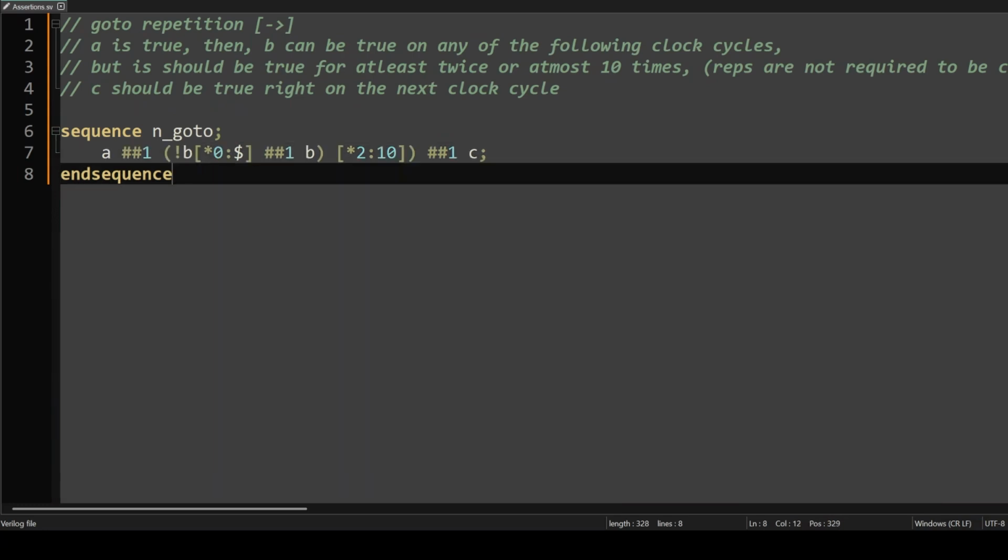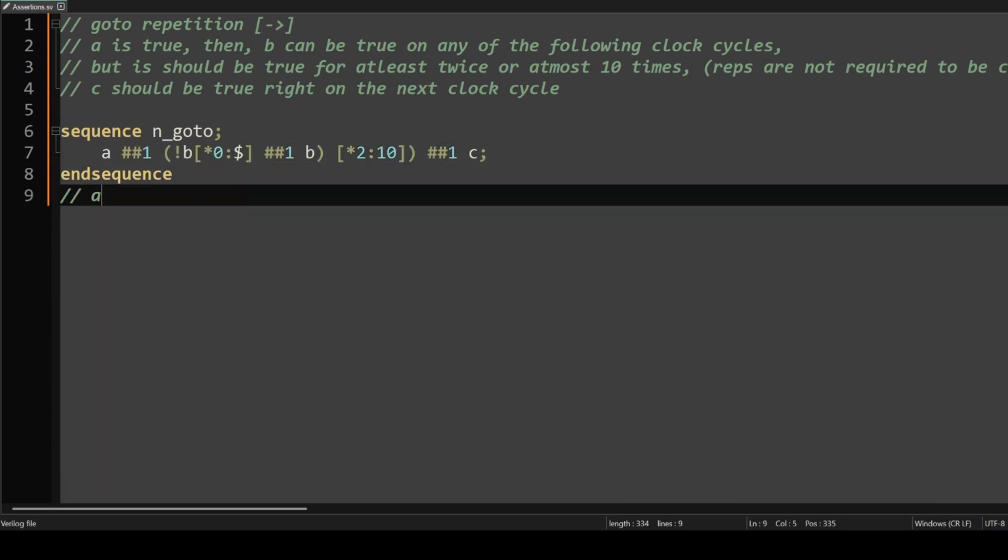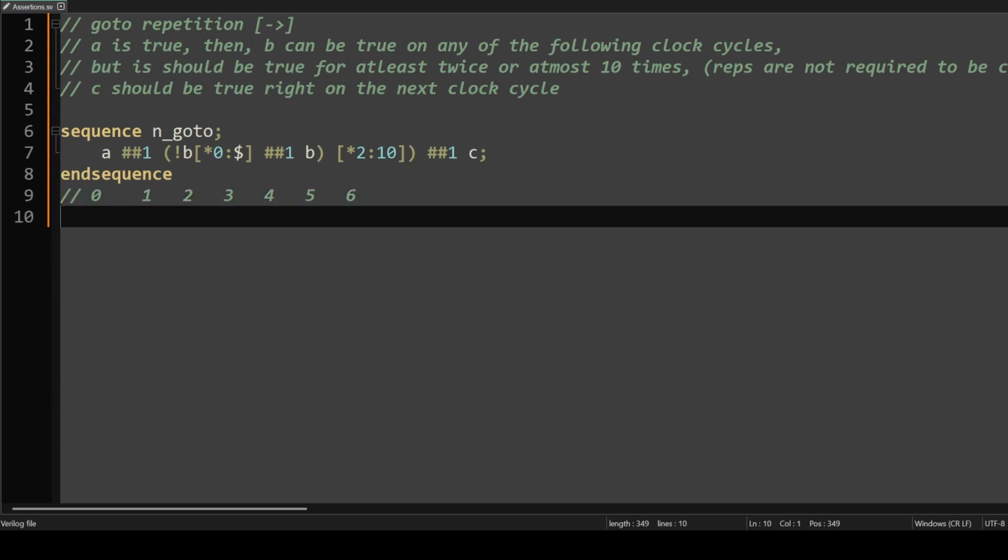If you try to imagine this, let's say A is getting asserted in the 0th clock cycle. Just make it even more simple: the first, third clock cycle, fourth cycle, sixth cycle. Let's say A becomes true in the 0th clock cycle, or whenever A becomes true, you start counting the clock cycles.